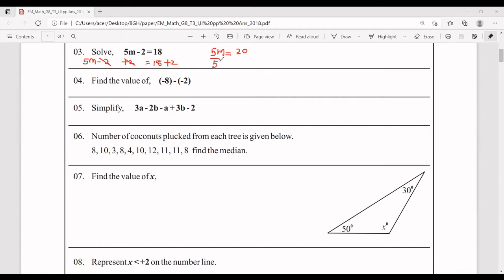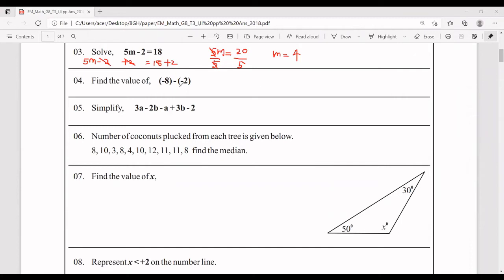To remove terms, you have to do the inverse mathematical operation. Then in the left-hand side, m. In the right-hand side, 20 divided by 5. What is the answer? 4. Yes, 4. So if you can get that answer, 2 marks.